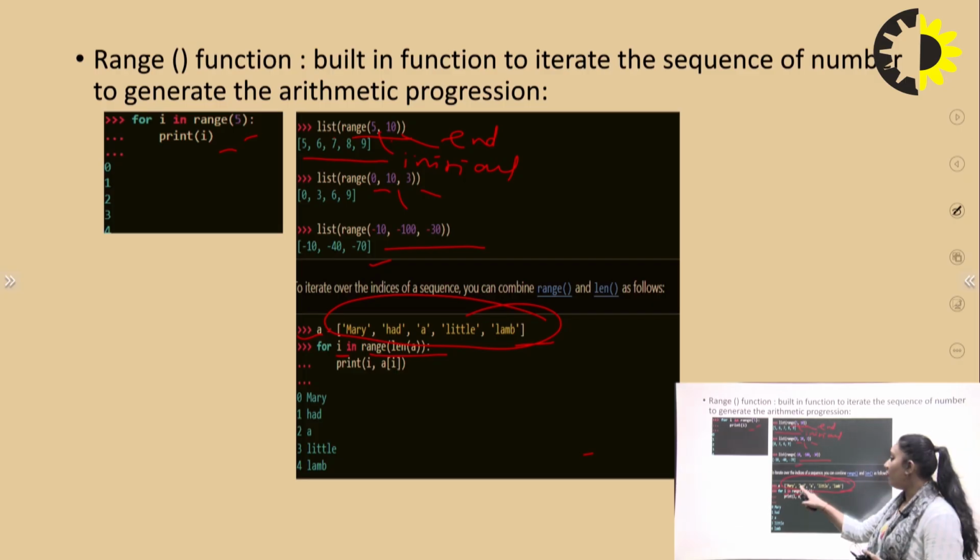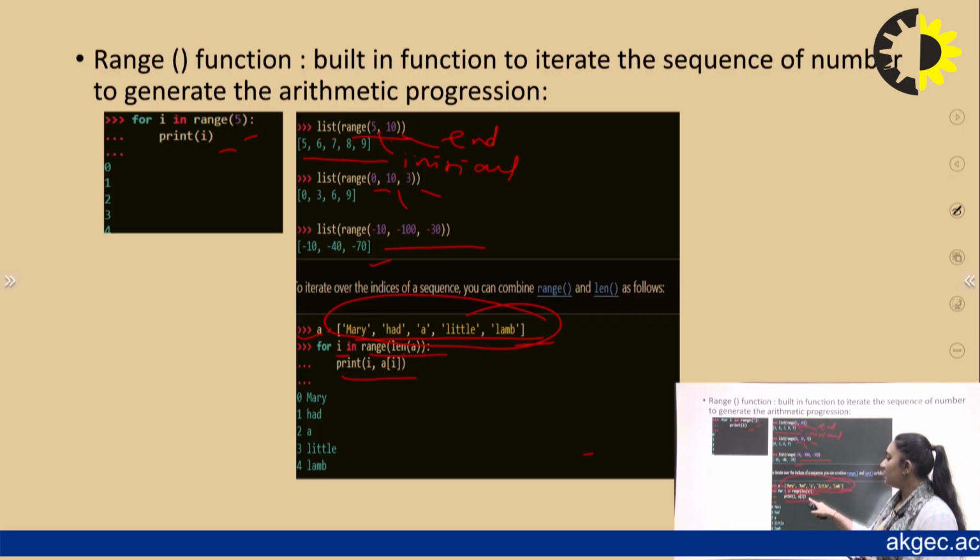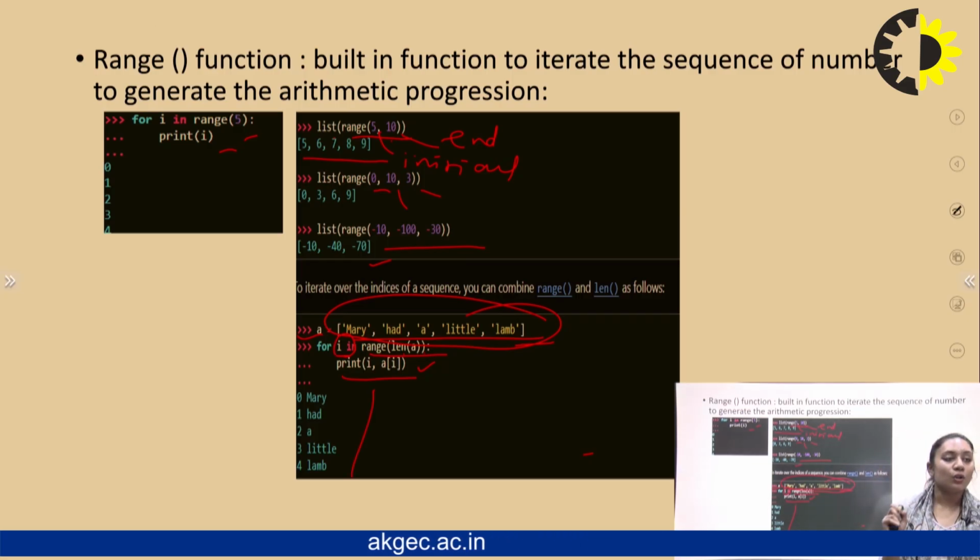The range of the length of A, right? So we first calculate the length of A, then the range of A, then print I, and we also print A of I. So you can see the length and also the range of the value.